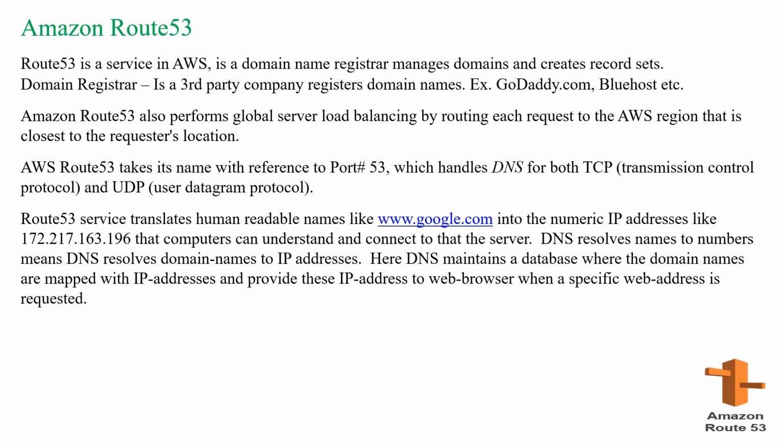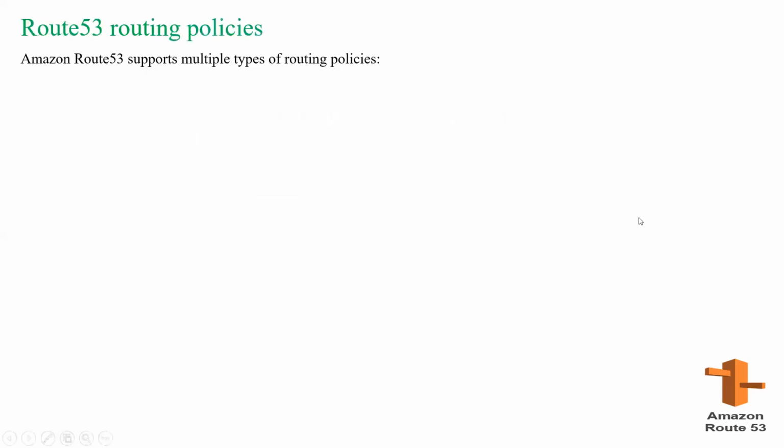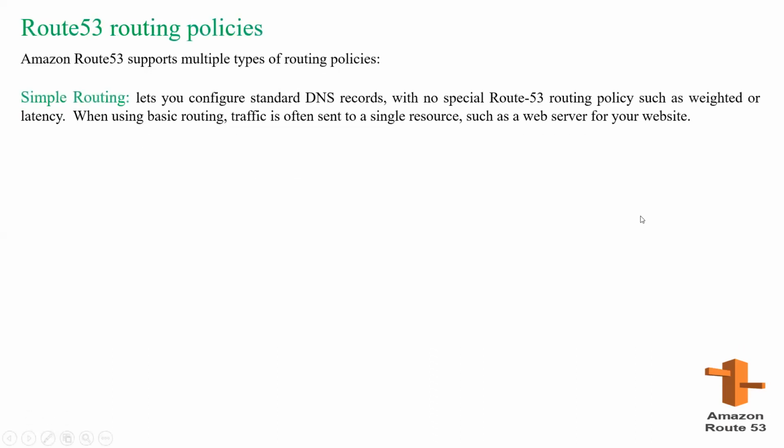So apart from this, Amazon Route 53 also provides multiple types of routing policies. What are these routing policies? So to begin with, Amazon provides a routing policy called simple routing. This lets you configure a standard DNS record with no special Route 53 routing policies, such as weighted or latency routing.